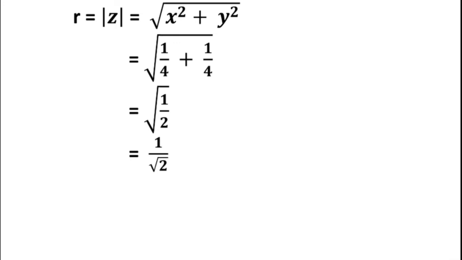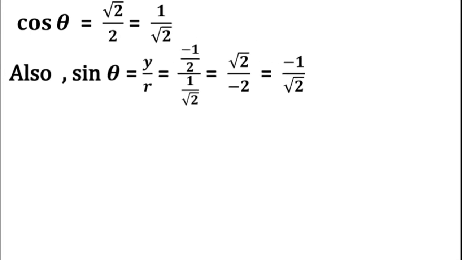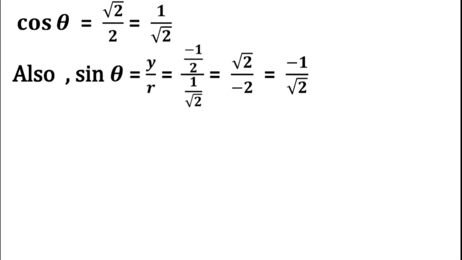Okay, r is 1 upon root 2. Also we have cos theta is equal to x upon r. What is x? Half divided by 1 upon root 2. After simplifying you will get cos theta is equal to 1 upon root 2. Also sin theta is equal to y upon r, that is minus 1 upon root 2. So theta is equal to 7 pi upon 4.